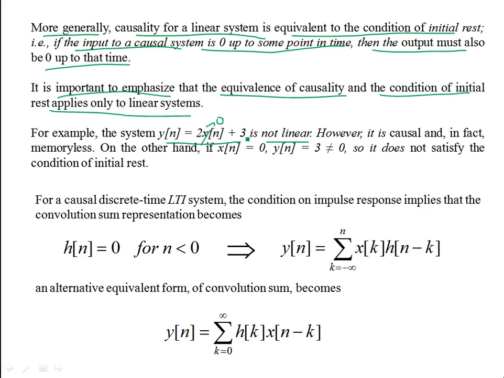It does not satisfy homogeneity: if you scale the input, the output is not scaled by the same scalar. If you apply superposition, you can see the system is non-linear. It obeys neither superposition nor homogeneity. However, it is causal. Why is it causal? Because to compute the output, the system doesn't require any future value of the input. So it is indeed causal, but it is non-linear.